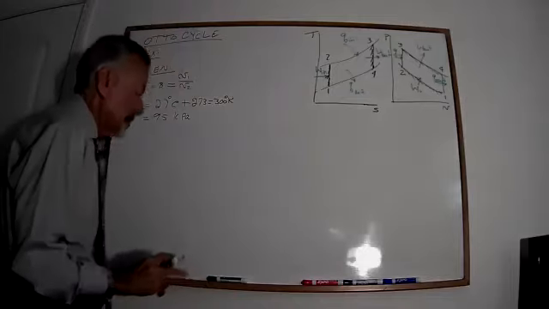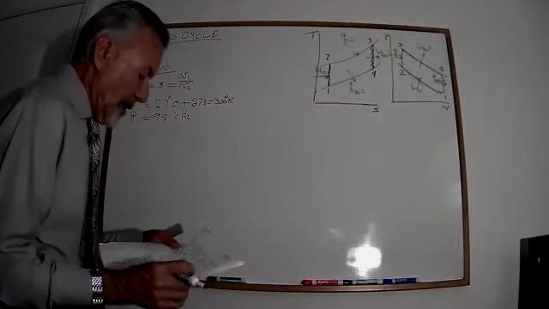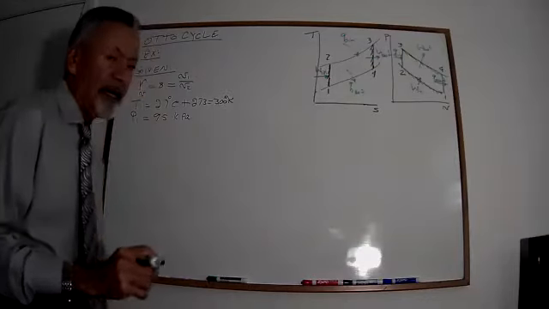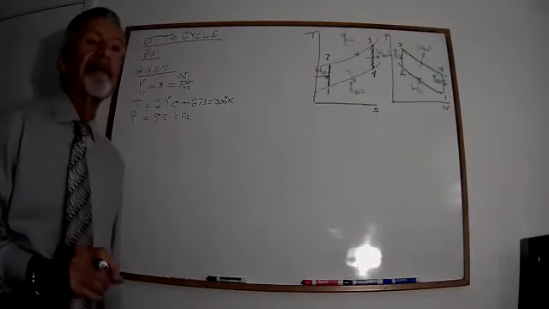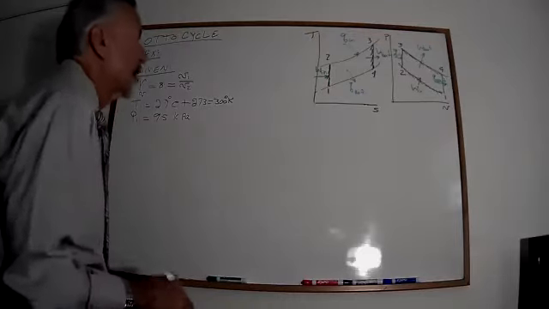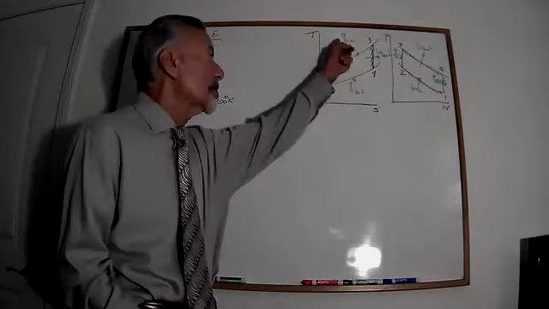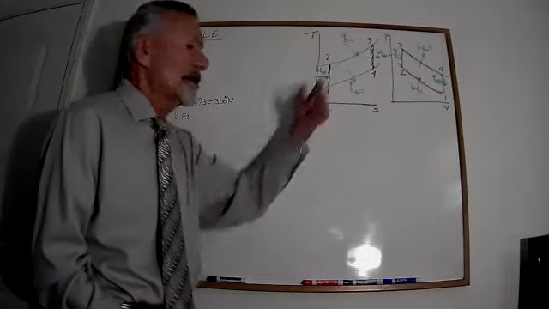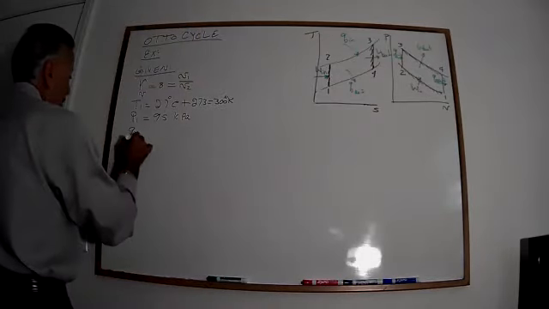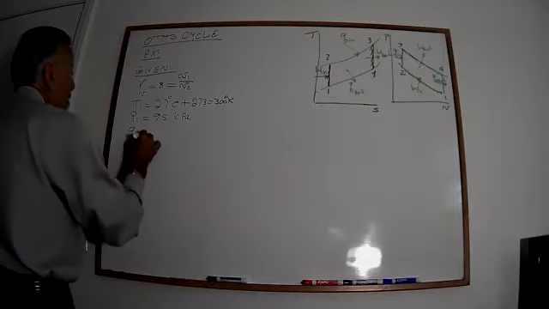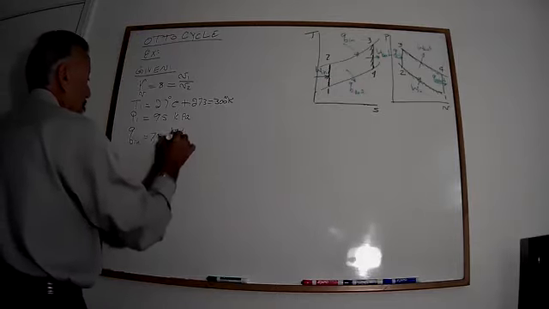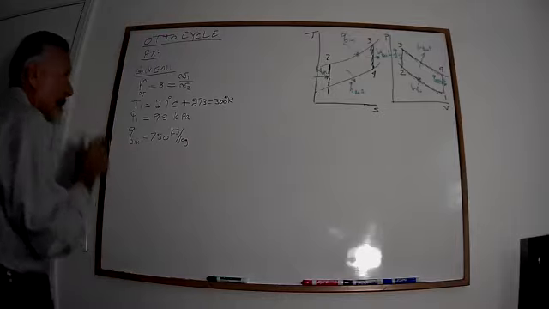Now, it says that we're going to add 750 kilojoule per kilogram of heat to the system. What does it mean? Our Q in is already given to us. So Q in is given to us to be 750 kilojoule per kilogram.